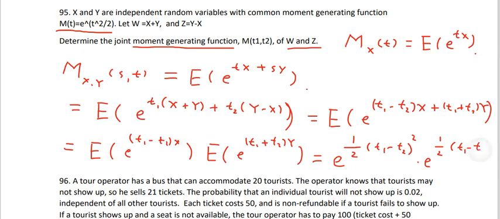Simplify a little bit, and I think the final answer is e to the t1 squared plus t2 squared. So this is the answer.